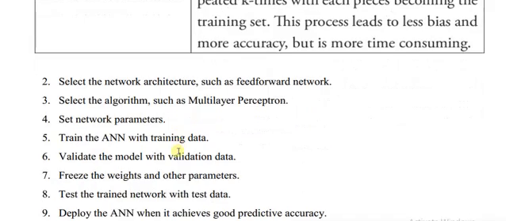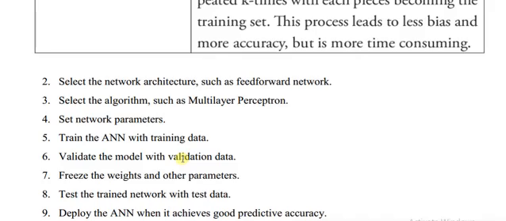Next, once we gather the data and divide it into training data, testing data and validation data, the next step is to select the network architecture based on the requirement. If we are performing different types of classification or clustering, then based on that we need to select the network architecture. Then once we select the architecture, we need to select the algorithm, such as multi-layer perceptron or another algorithm.